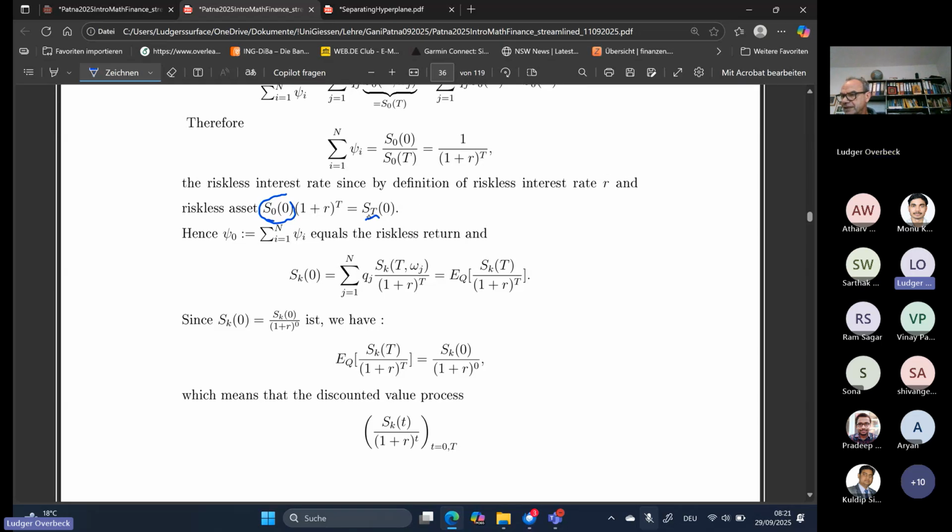This is 0 and this is t. This tells you this is a riskless asset. If you take this asset with number 0, this should be riskless.